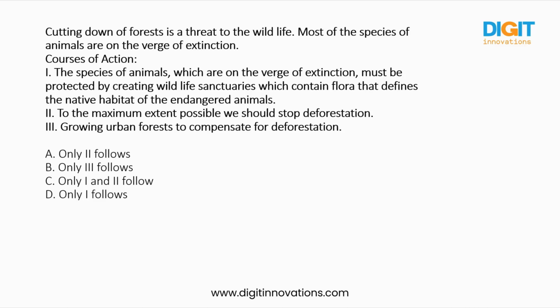So to stop this, we should stop deforestation as much as possible. Okay, that is accepted. Growing urban forests to compensate for deforestation is not accepted here. It is against the course of action, right? So it is not accepted. Only 1 and 2 follow the courses of action. So the answer is C.